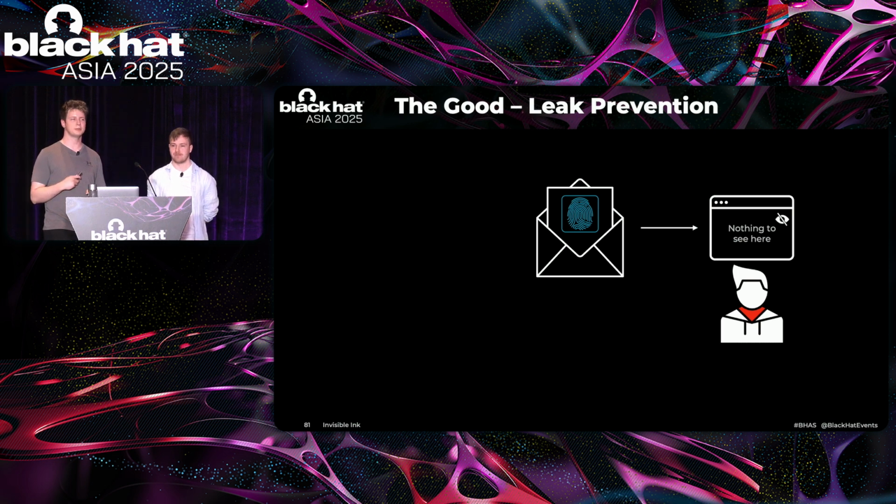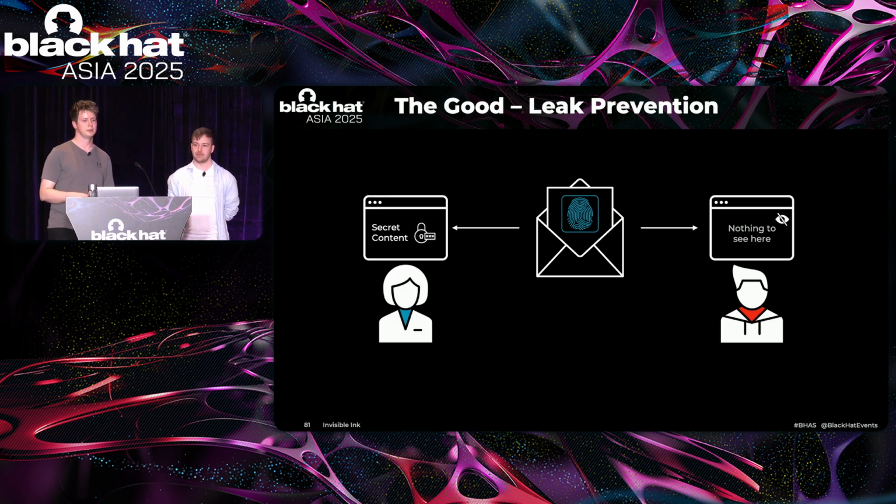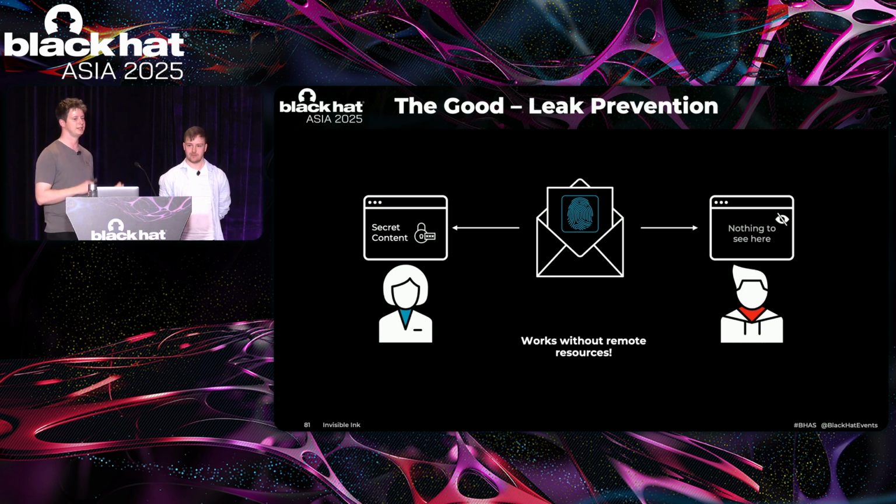Versus if someone comes along with the correct matching fingerprint, well, then you show the actual secret content of your email. And why does that work? Because you do not need to fetch anything there. You just, on the client side, take a look at the fingerprint, compute that, and based on that fingerprint, you stylize things differently, in this case meaning you either show text or alter the text altogether.